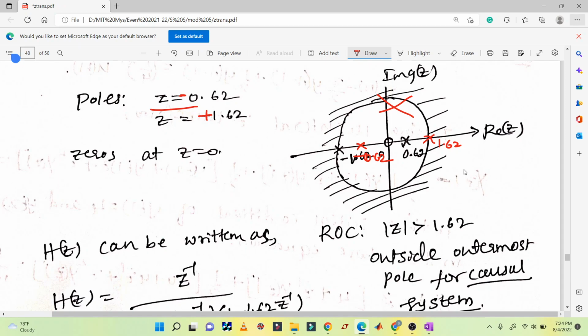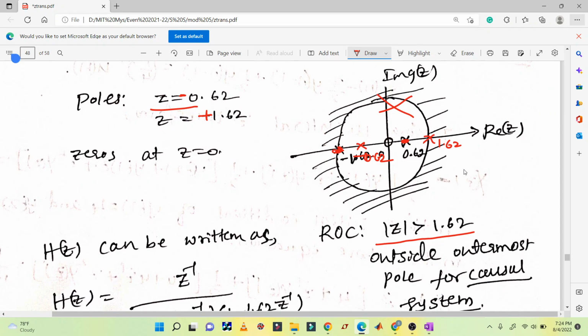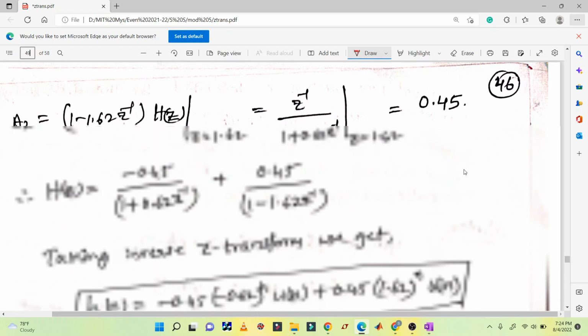Okay, so this is wrong. ROC is outside the outermost pole. Here I have indicated it. That is correct. ROC is correct, but the location of poles is reversed. Okay, please make a note of it.